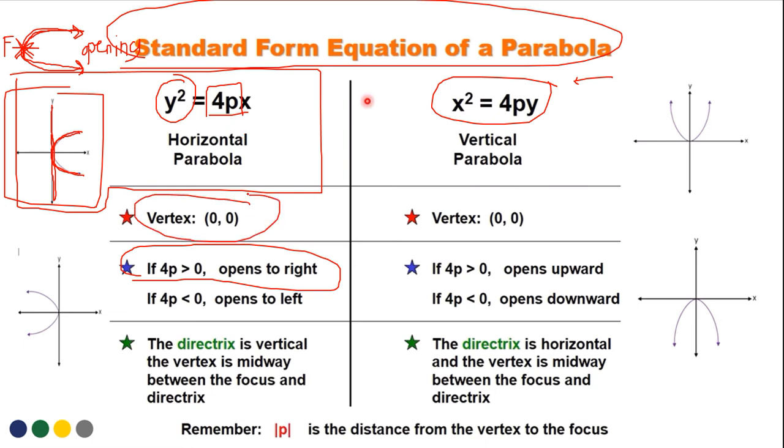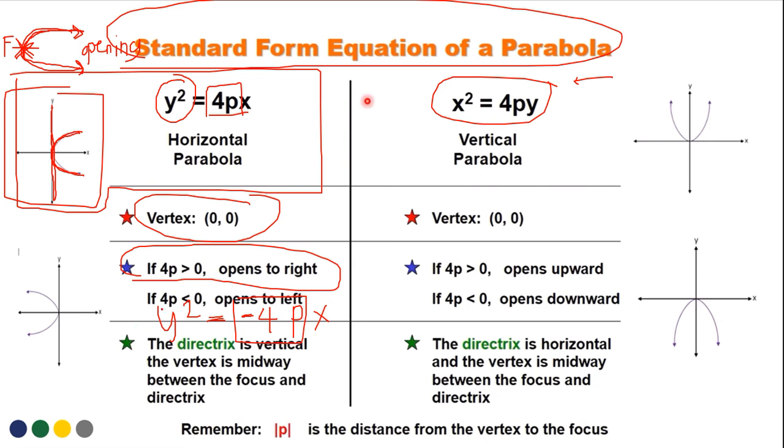Sir, paano po siya magne-negative? Magne-negative siya if y squared is equivalent to negative 4px. Okay? Y squared equals negative 4px. So, ibig sabihin, may negative yung 4p mo, meaning to say, opens to the left. Okay?